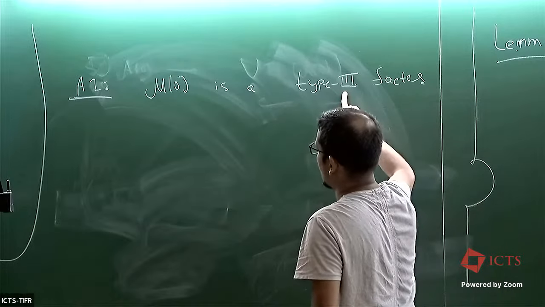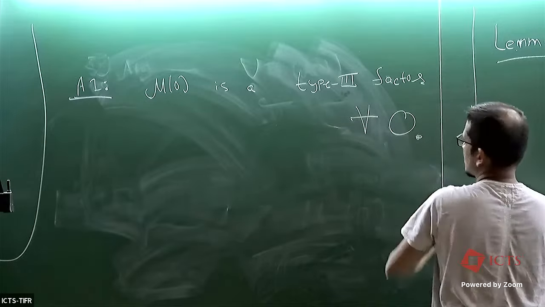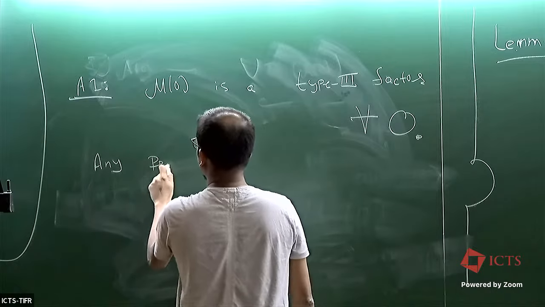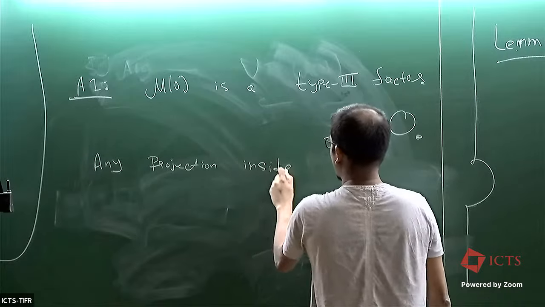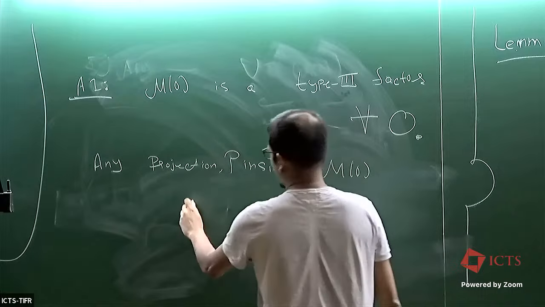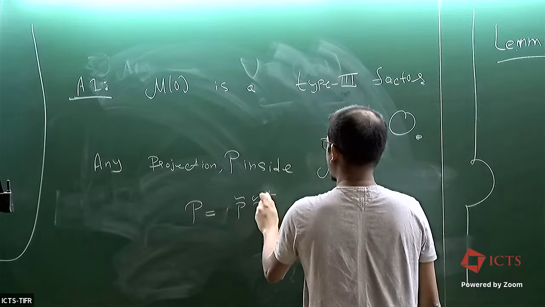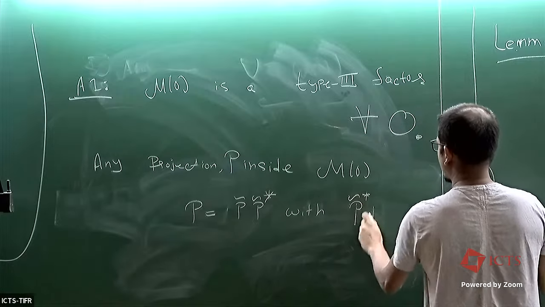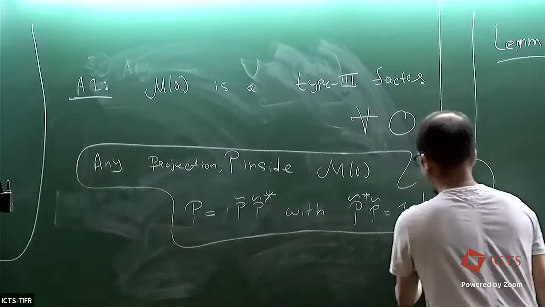By which we mean, as I think Tom introduced, for all O, that any projection P inside MO is always of the form P tilde star P tilde, where P tilde is an isometry as he discussed, with P tilde star P tilde equal to 1.